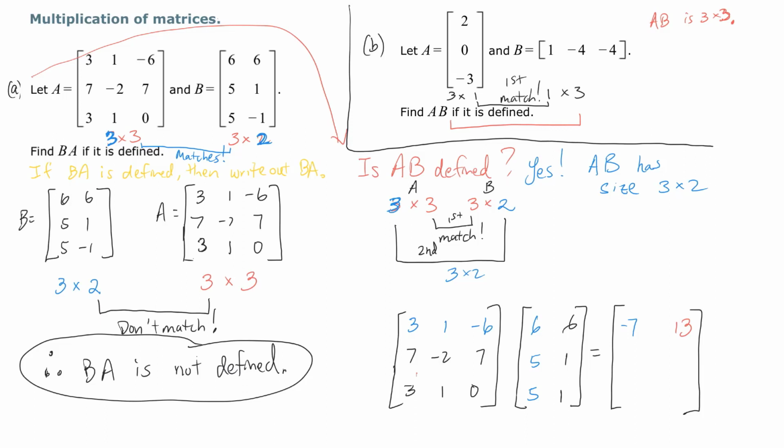Just make sure you get the same answer. First entry is 2, second entry is -8. And there is the actual answer. Make sure you can get that.